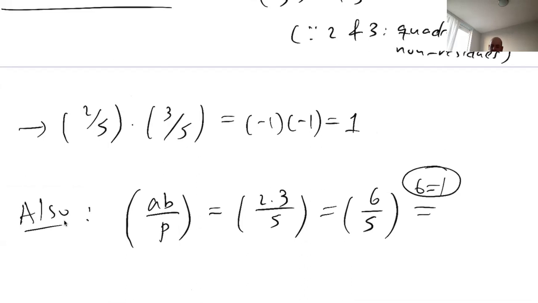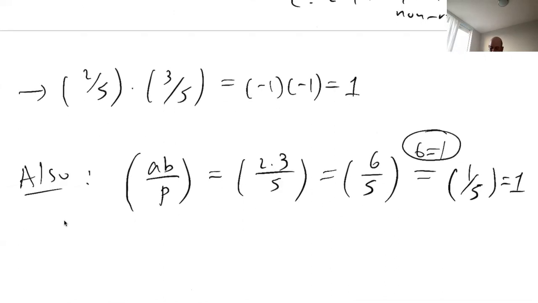In Z5, 6 is the same as 1. So this is the same as 1/5. And 1/5 is 1, because 1 is a quadratic residue. 1 is, of course, 1 squared, and any number squared is a quadratic residue. So 1 is a quadratic residue.